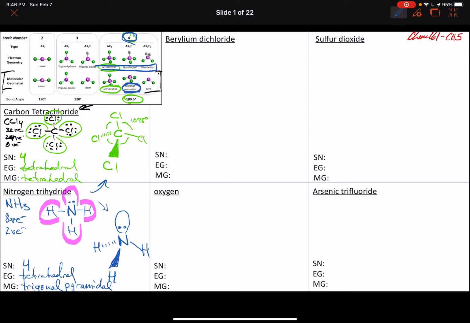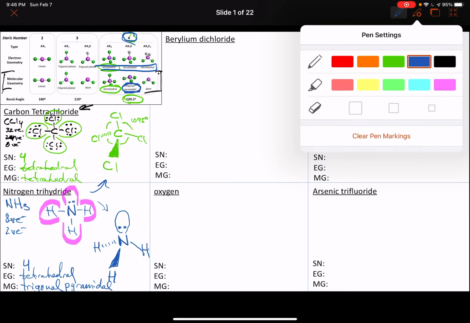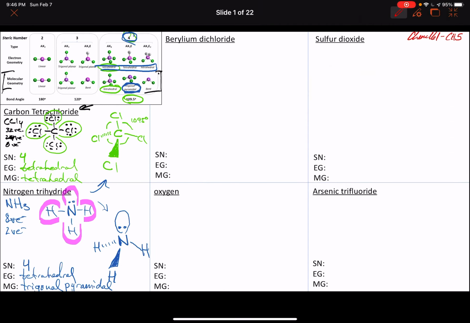Okay, so hopefully your naming helped you identify that for beryllium dichloride we are dealing with BeCl2. Beryllium is in the second column and the second row, in fact. So we are going to get 2 valence electrons from that, plus 7 and 7, so that is going to be 16 valence electrons for this structure.